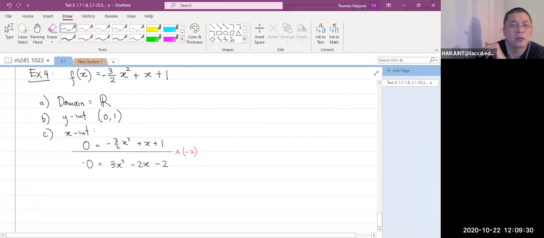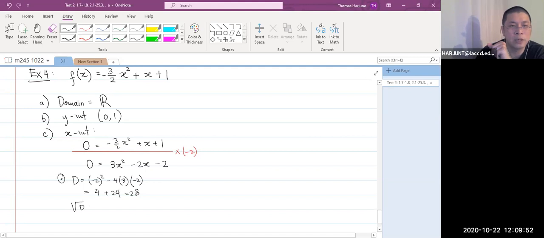Well, let's see. To check if it is factorable or not, let's do the discriminant. b squared minus 4ac. That's 4 plus 24. Yeah, it's 28. It's not a square number.